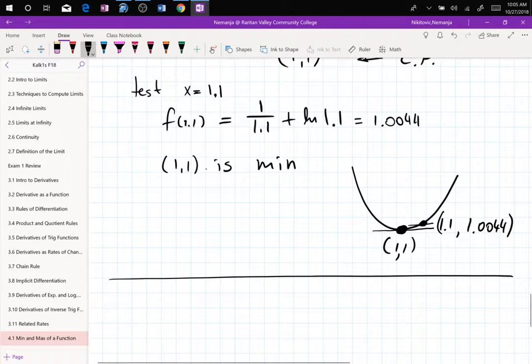Now, the last part of this lecture is called absolute min and max.